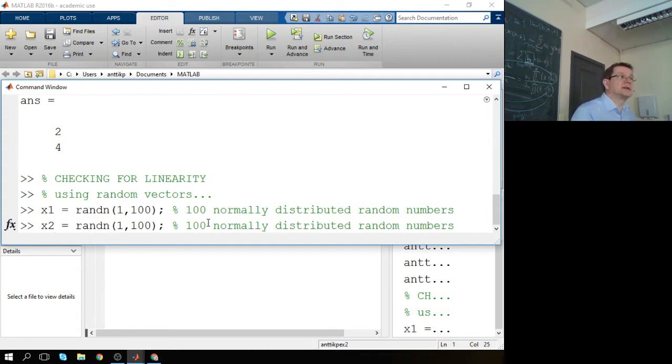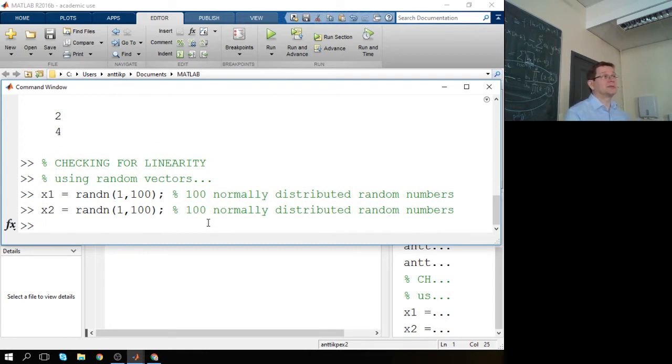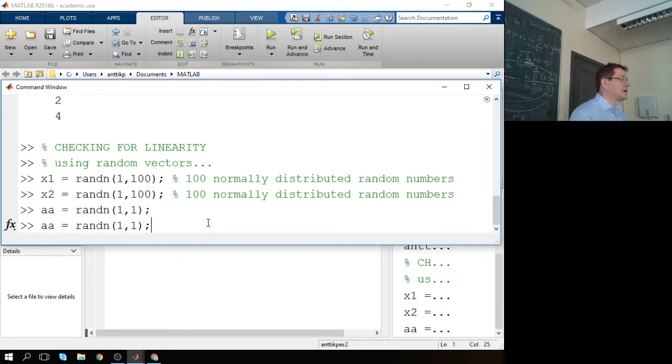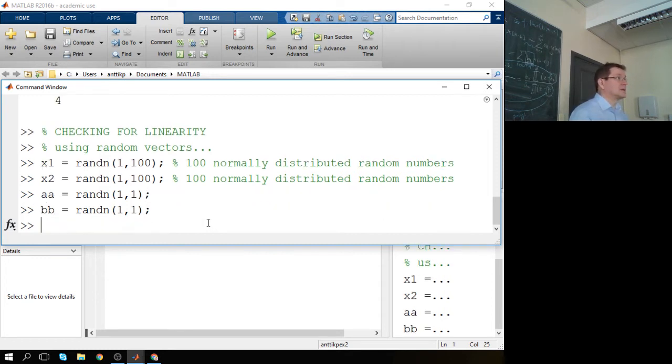Row up, and just change the vector name, and this random number generator generates another set of numbers. Good. Then we need a couple of scaling factors, a and b. Well, how about this? a equals 1 random number, and b also.